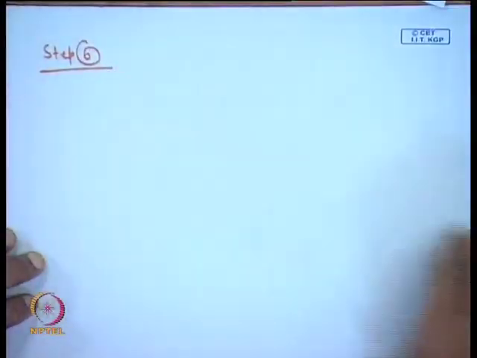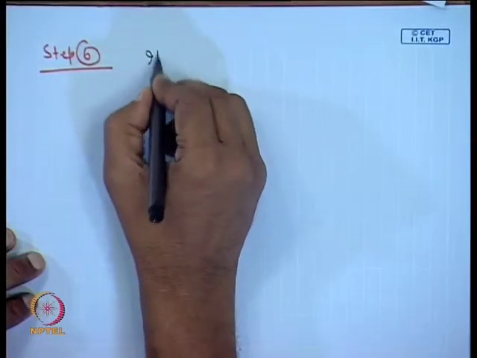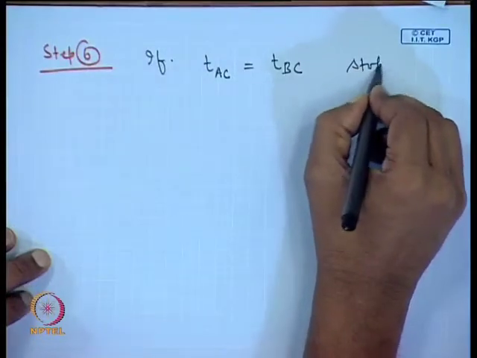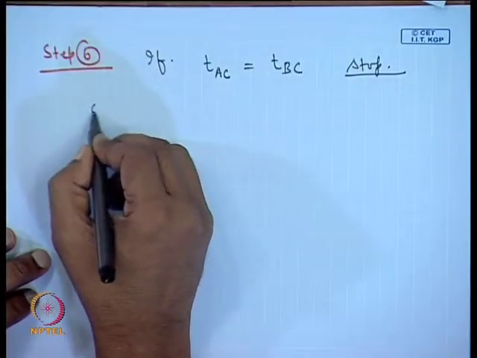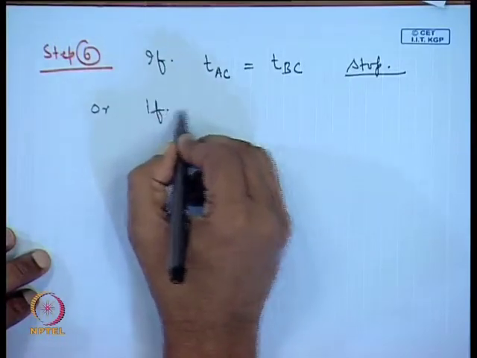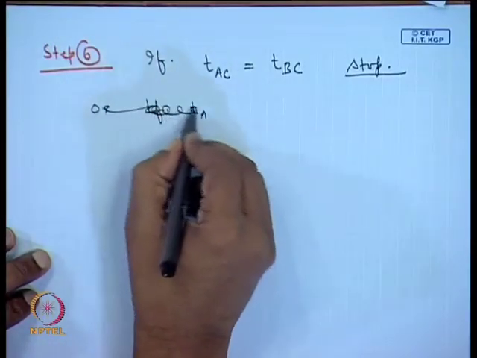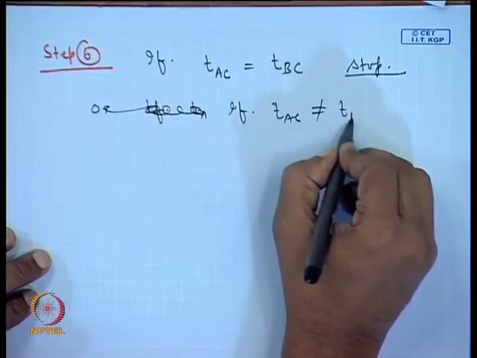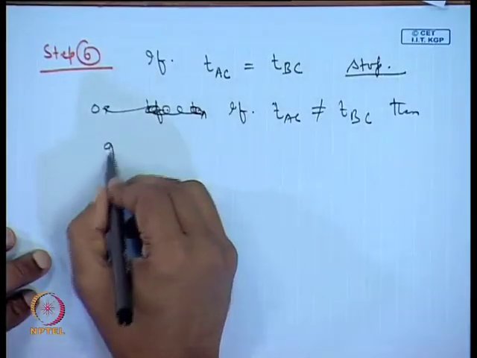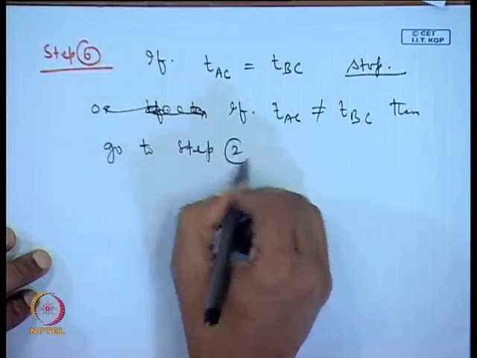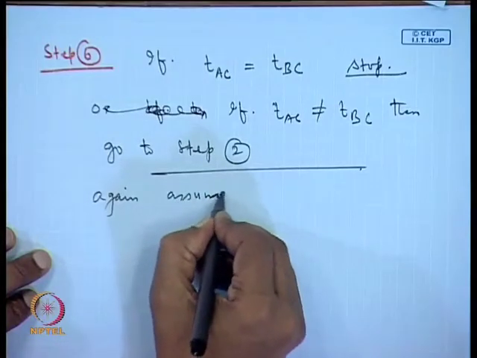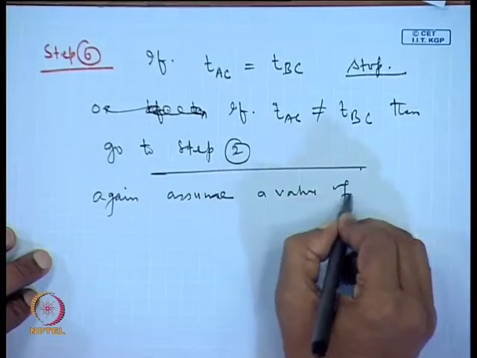So, step number 6: if T a c equals T b c, stop. If T a c is not equal to T b c, then go to step 2 and again assume a value of theta a.